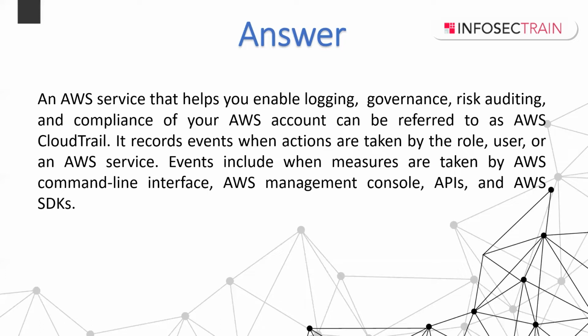What CloudTrail will do is help you log. And the most important thing is that it is enabled by default in your AWS account and logs free information with a 90-day retention. So for this, you don't have to pay anything. Your logs will be stored in CloudTrail for at least 90 days.